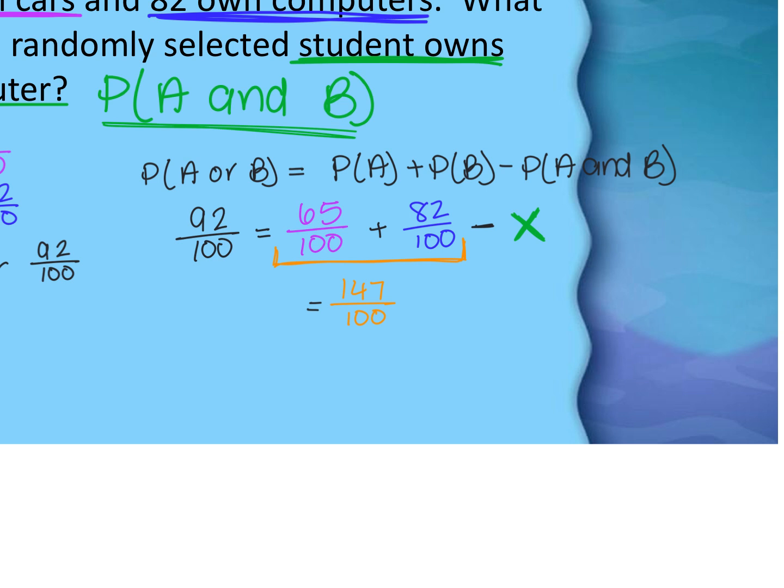Bring everything else down. I don't want minus x, so I'm going to go ahead and move it to the other side by adding x to the other side. I'm going to end up getting x plus 92 over 100 equals 147 over 100.